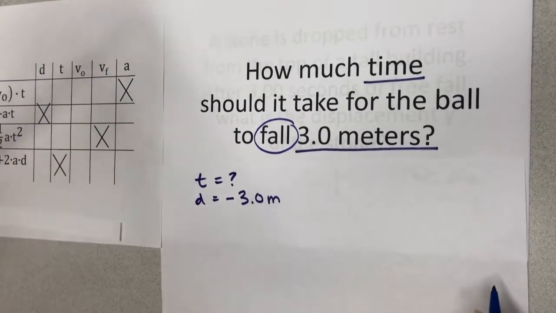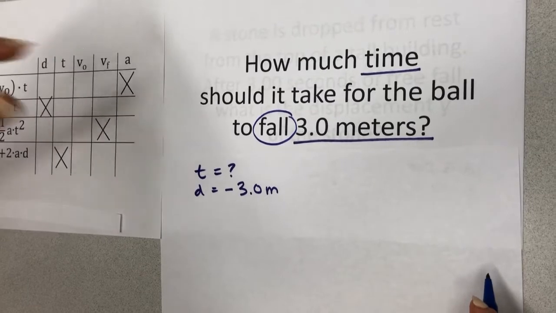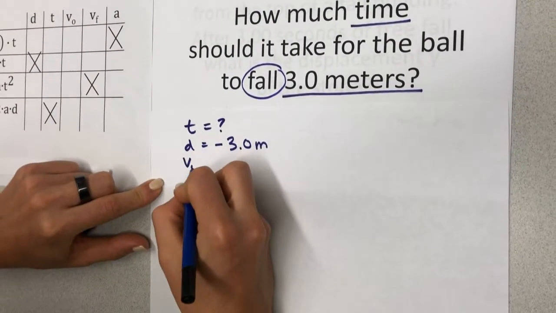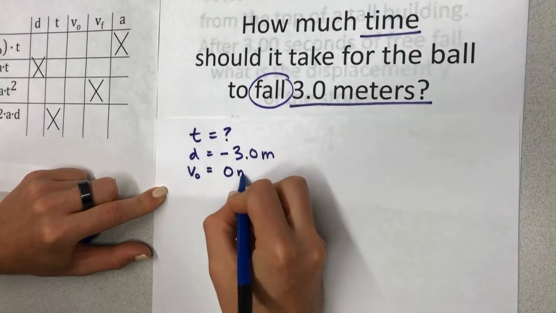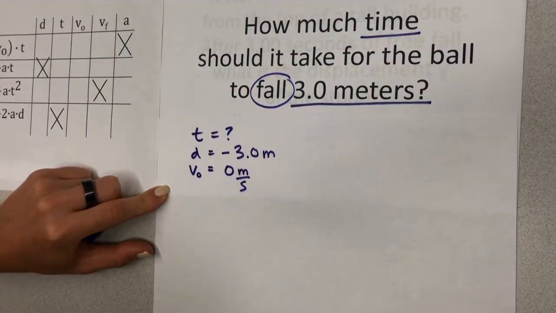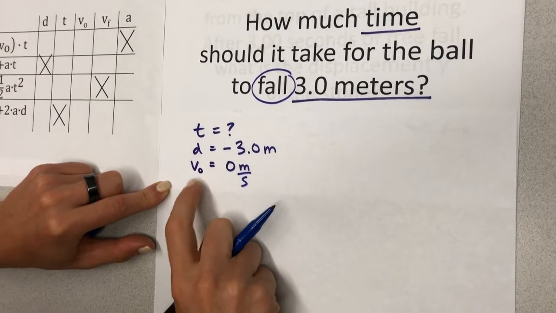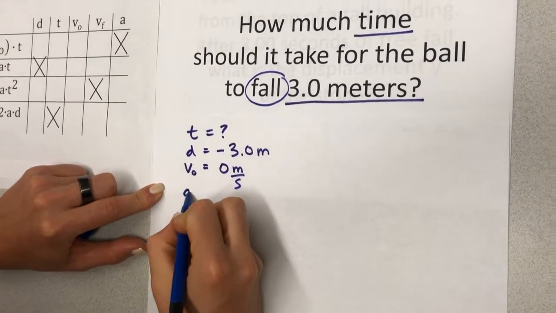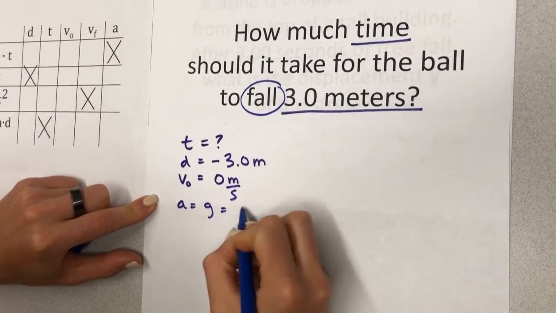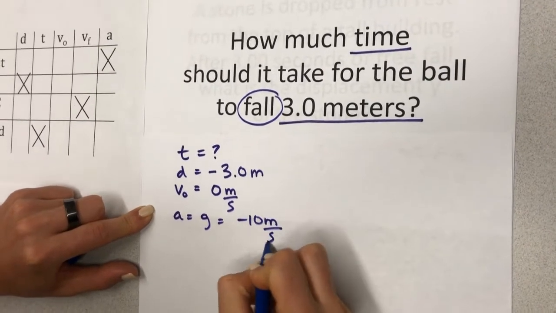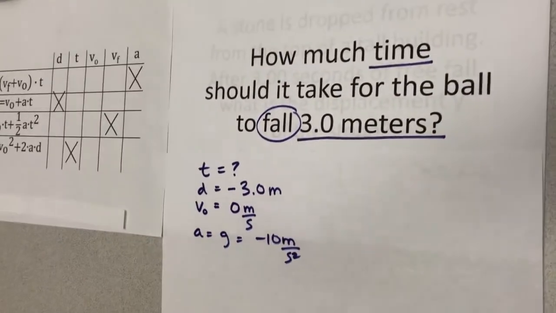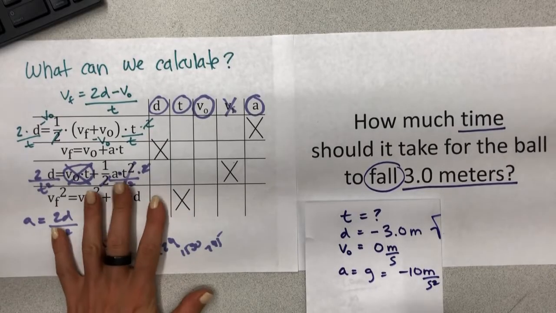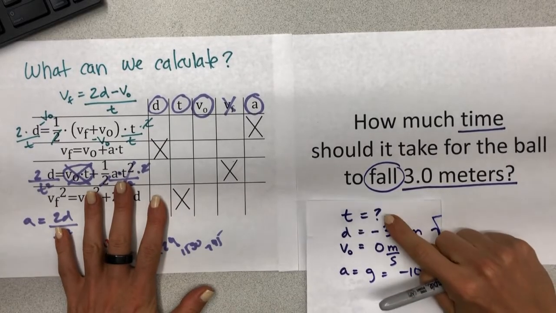The ball is starting from rest at the very top, so the initial velocity is going to be 0 meters per second. And we also always know that the acceleration due to gravity is -10 meters per second squared.